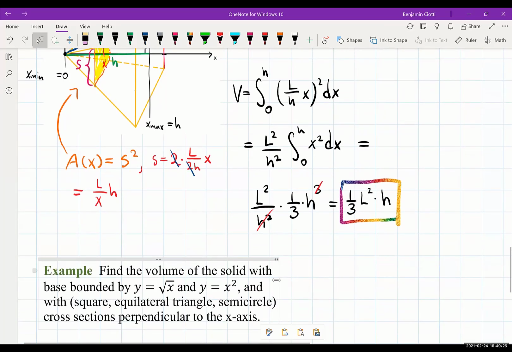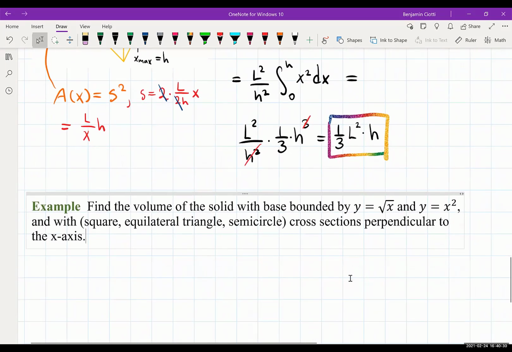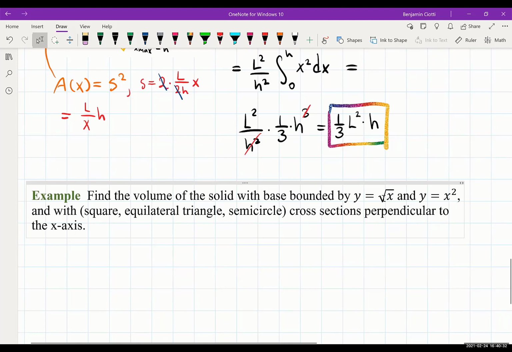I'm going to let you all choose. We are going to start with the base region that's bounded by square root of x and x squared. So let me just show you what the base region looks like.